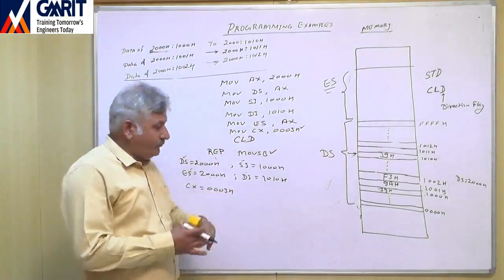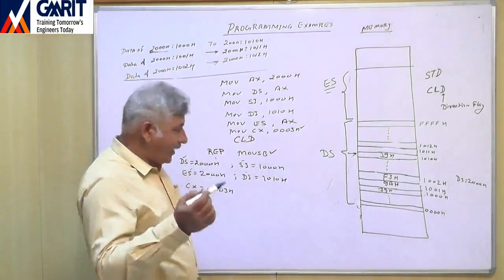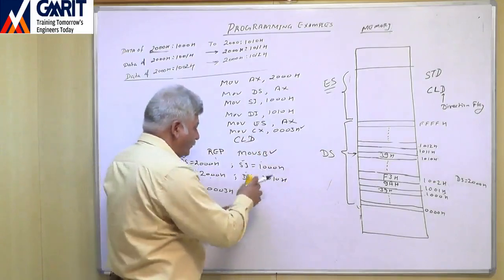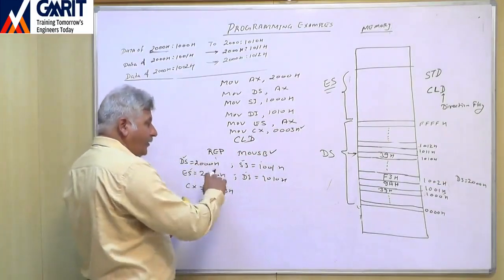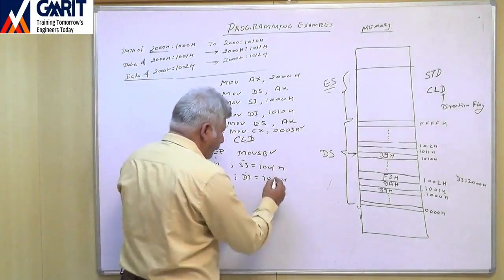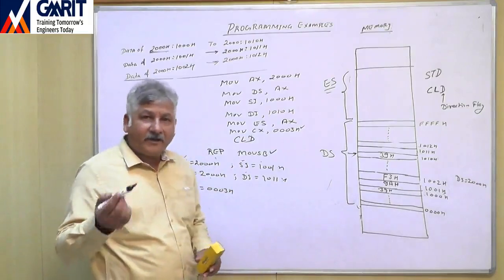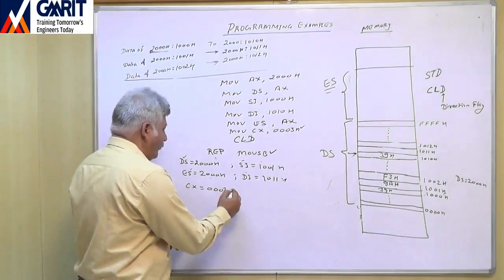After the transfer, since the direction flag is 0, SI will automatically be increased by 1. So now SI will become 1001. DI will be increased by 1 and become 1011. And CX will be decreased by 1 and become 2.